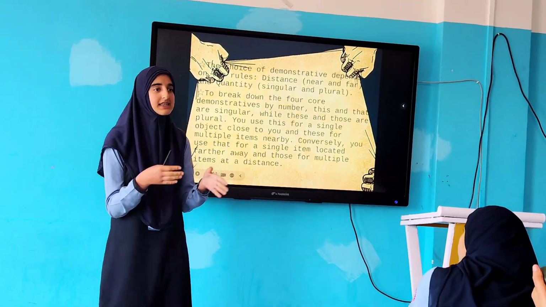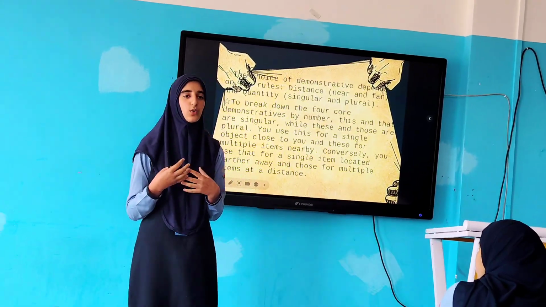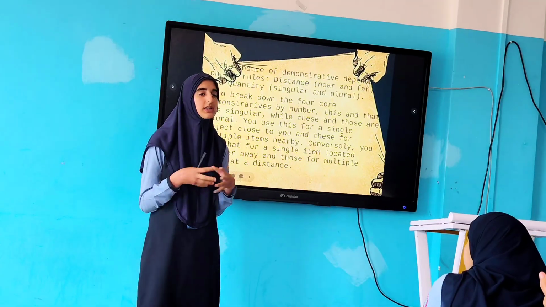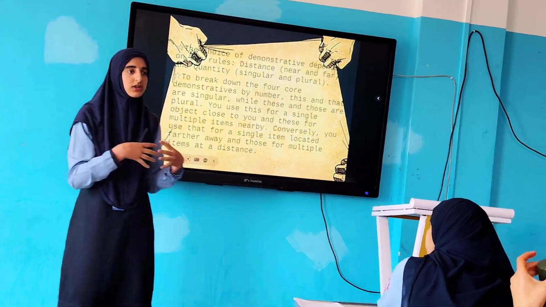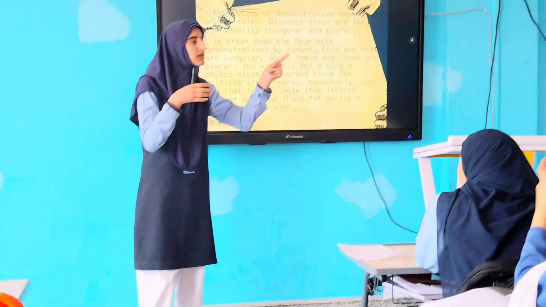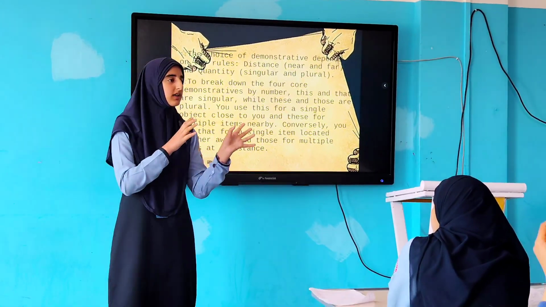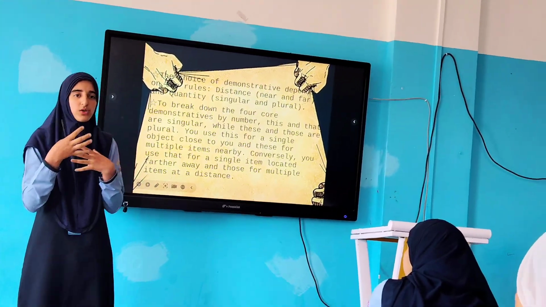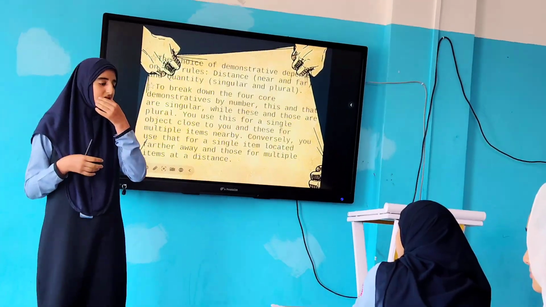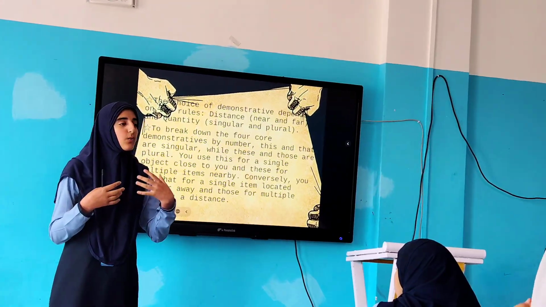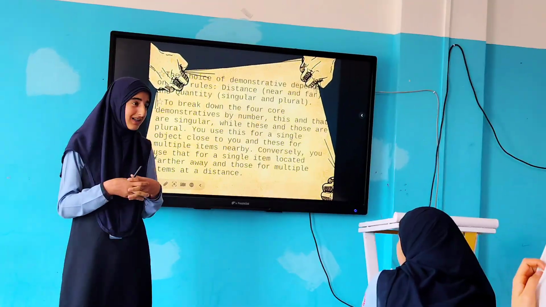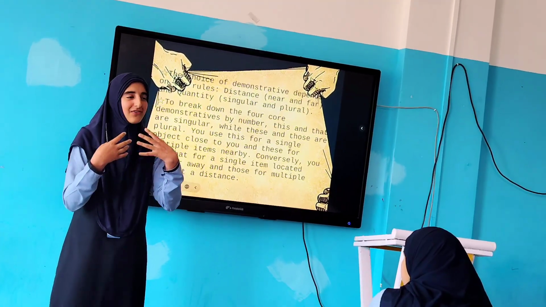We use this and these to specify the objects which are closer to us, and we use the other two, that and those, for the ones farther away that we want to specify.